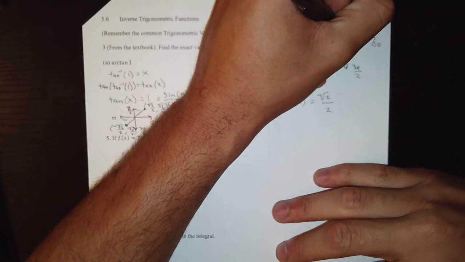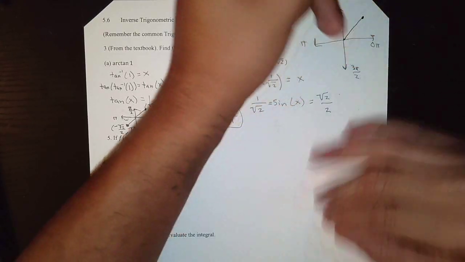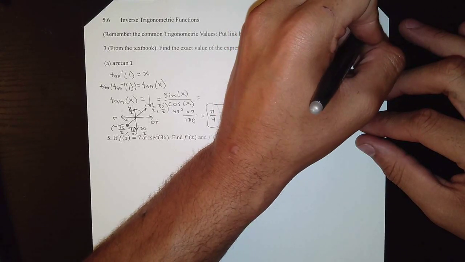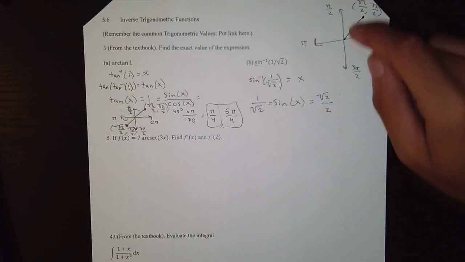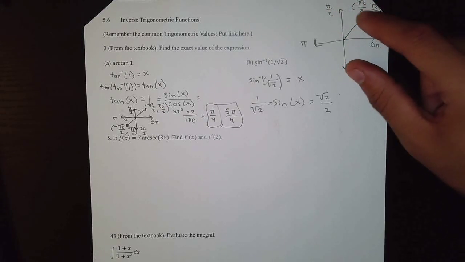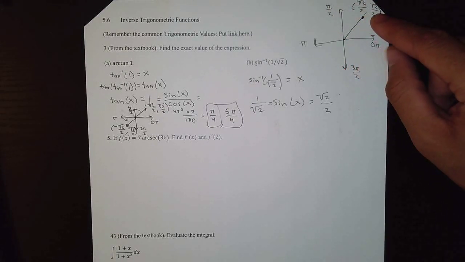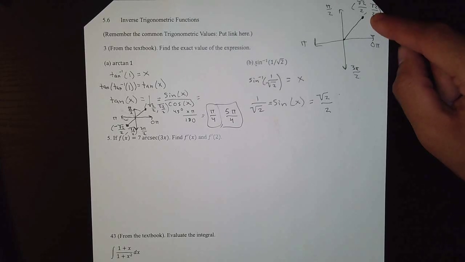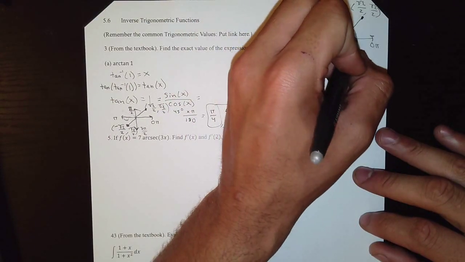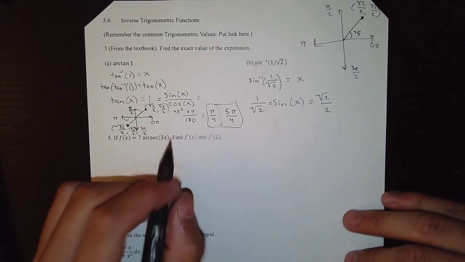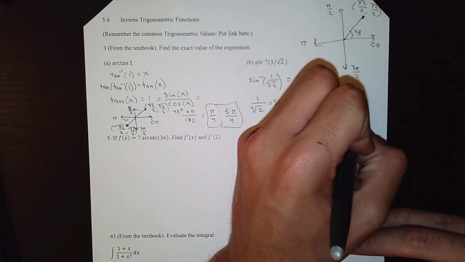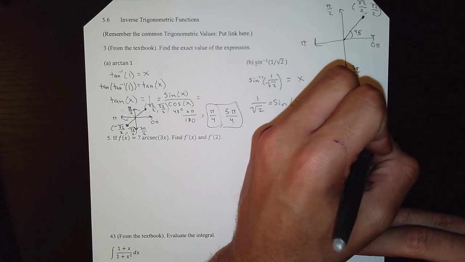Well, this would be at this 45 degrees again, because this coordinate is the square root of 2 divided by 2 and then the square root of 2 divided by 2, where the x value is our cosine value and the y value is our sine value. So our sine value is the square root of 2 divided by 2. And this is at pi divided by 4, or technically the angle is 45 degrees, but we can convert that. So 45 times pi divided by 180 is the same as pi divided by 4.